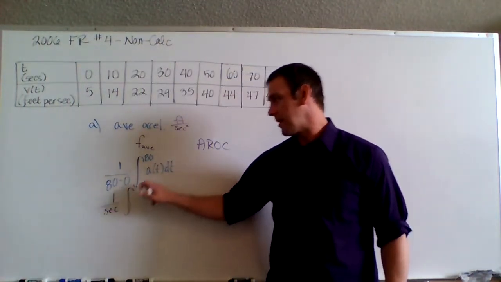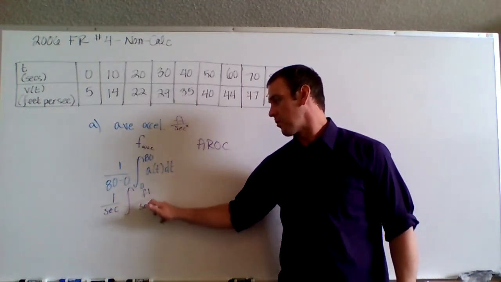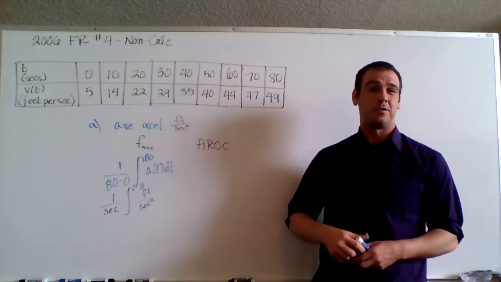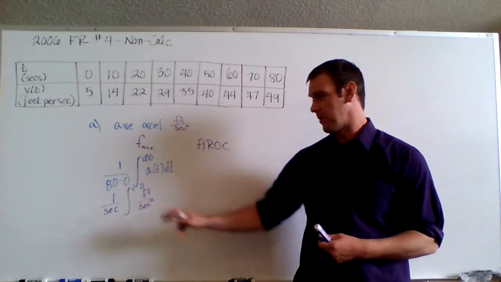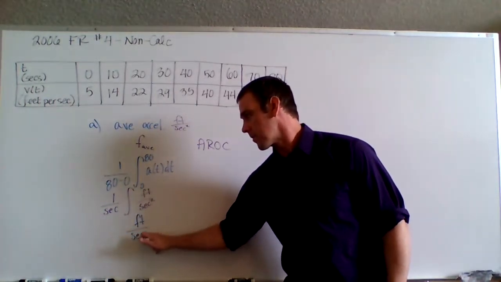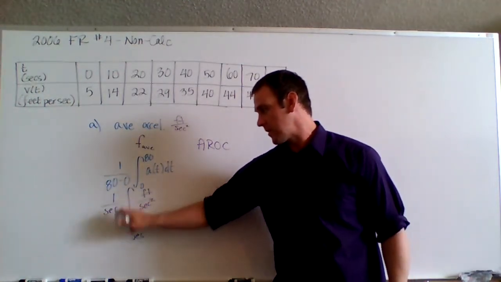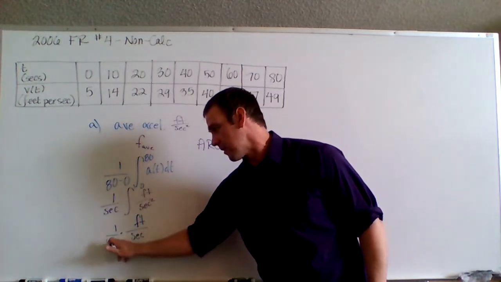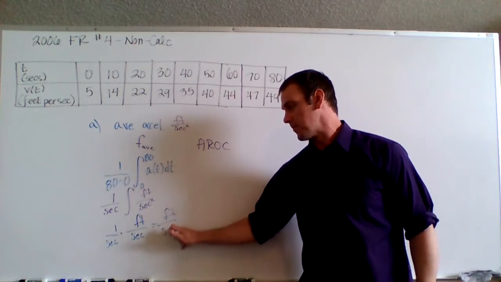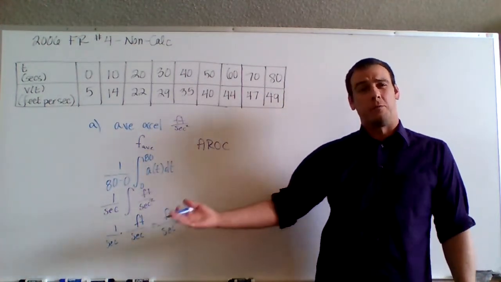And we're integrating acceleration, which is feet per second squared, so that really is going to give us velocity, which is feet per second. We still have this 1 over seconds out front, which unit-wise will give me feet per second squared. That gives us the correct units we want.